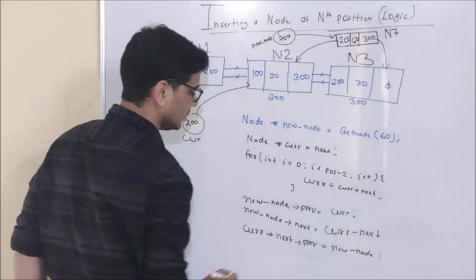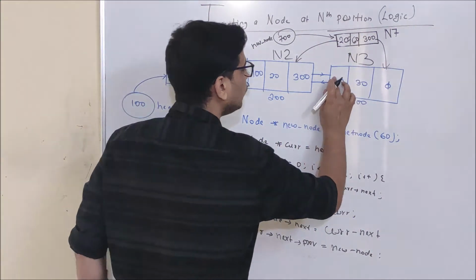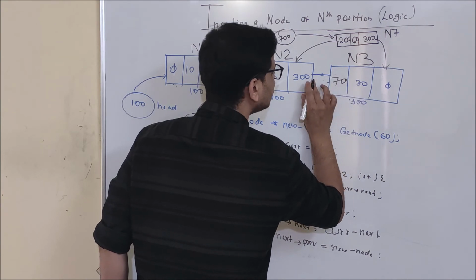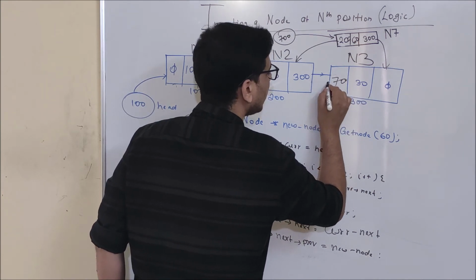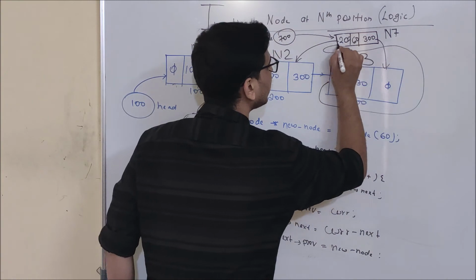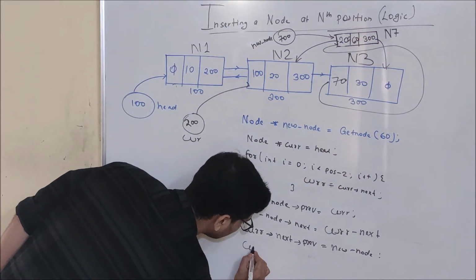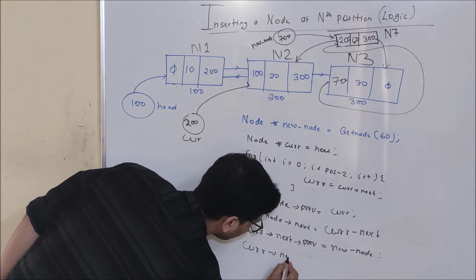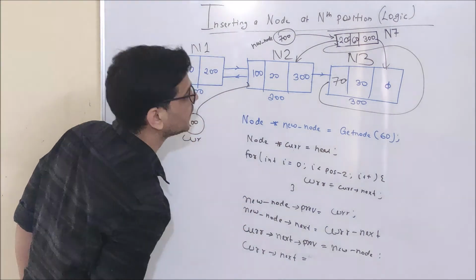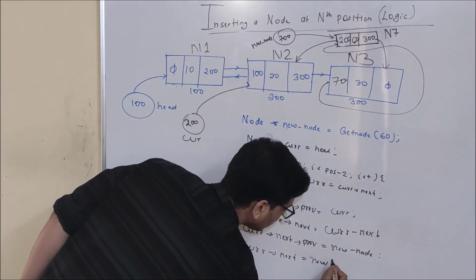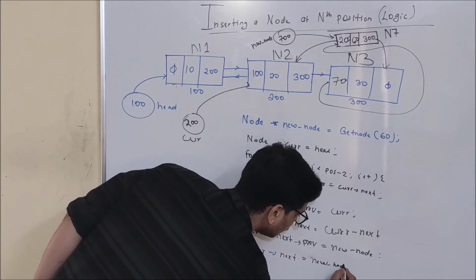Node 7's address. Now we will have 700 here, and this link will be broken, and we will create a link like this from node 3 to node 7. And in the next line what will we do? Current dot next, we will update to node 7's address, new node.